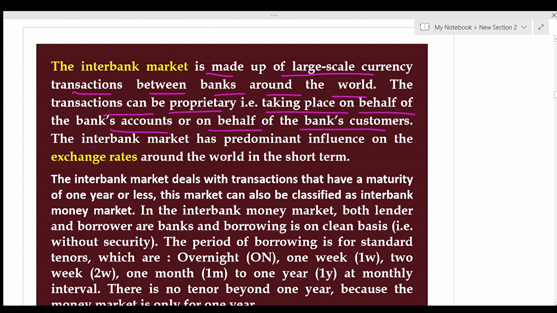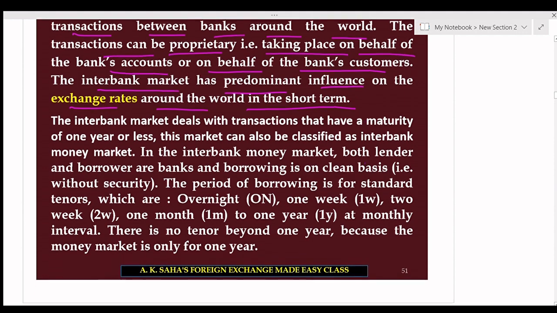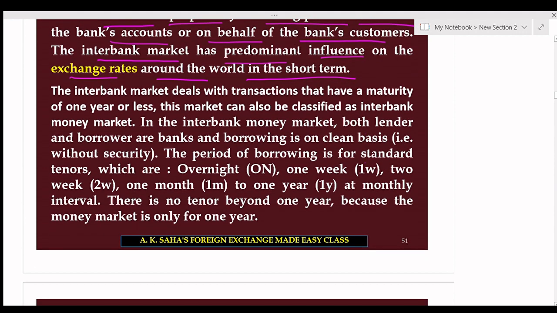The interbank market has a predominant influence on the exchange rate around the world in the short term. The interbank market deals with transactions that have a maturity of 1 year or less. This market can also be classified as the interbank money market.